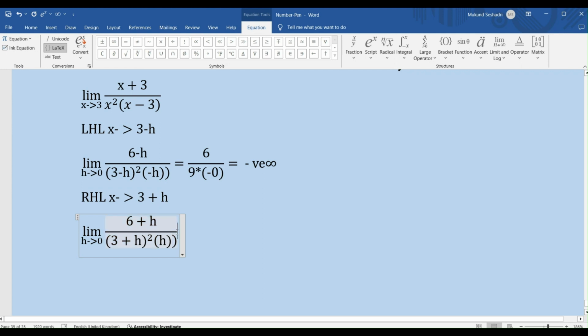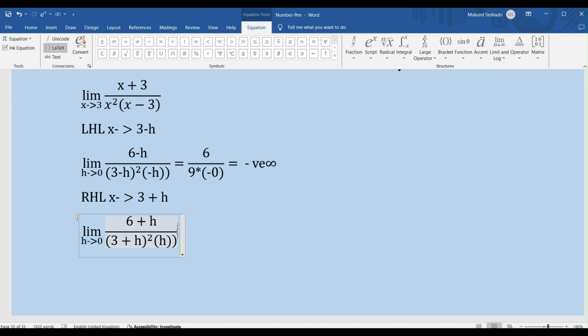So this is what we have, our RHL as x tending to 3 plus h. Our numerator becomes 3 plus h plus 3, which is 6 plus h. Your x square part of the denominator is 3 plus h the whole square, and your x minus 3 part of the denominator becomes 3 plus h minus 3, which is h, right?